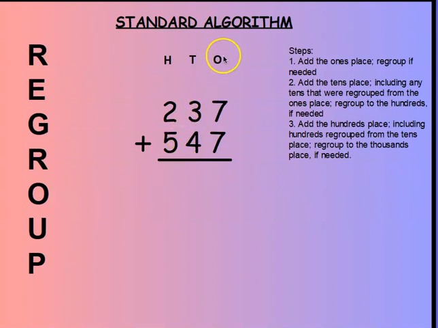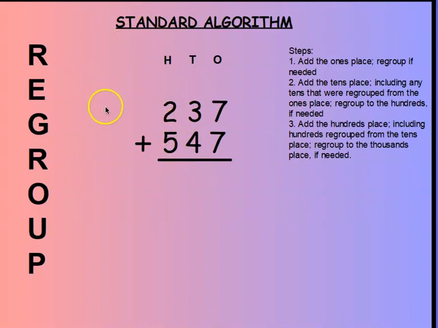So remember, for our place value, our ones place, all the digits 0 to 9. But if we get to 10, then we have to group it or regroup it to the tens place and put that value in the tens place. And the same thing, if we add up our tens and we have more than 10 tens, we have to move it to the hundreds place.